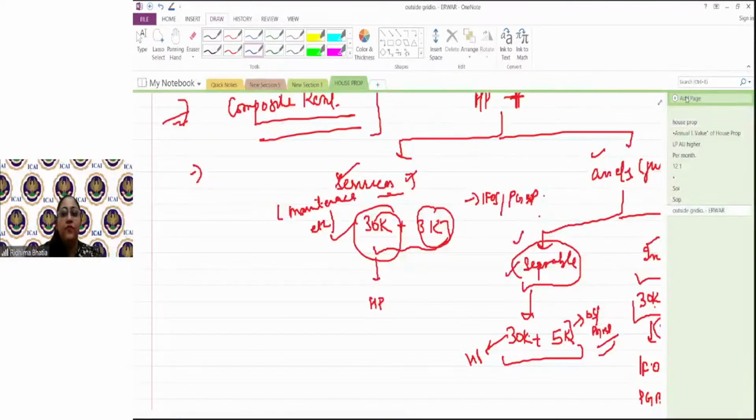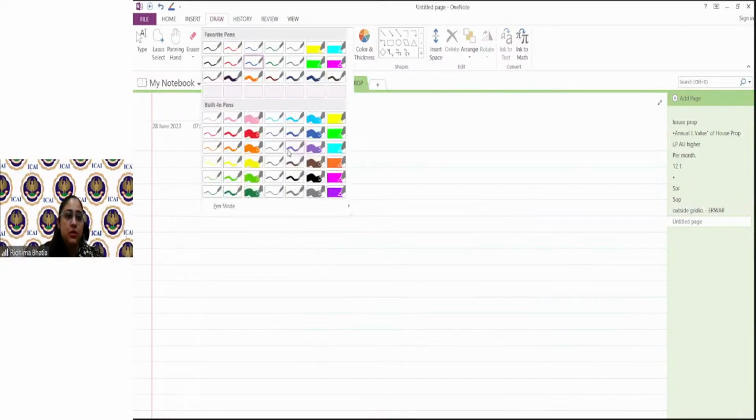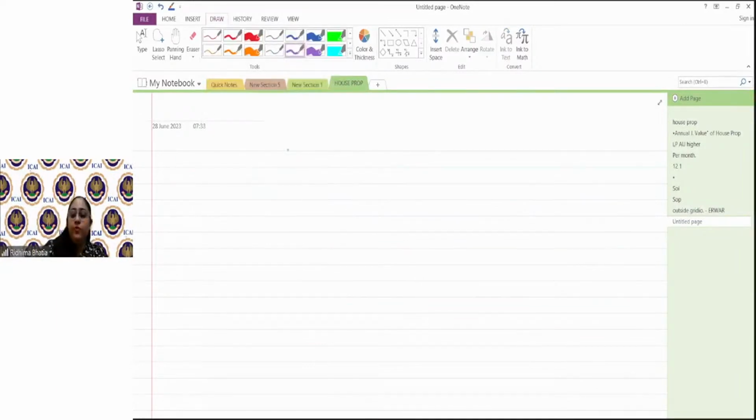Next scenario, my friend, where we'll be talking about is how to compute income from house property. अभी तक हमने क्या 3 scenarios करे? If the property is let out during the year, if property is self-occupied during the year, and if more than 2 properties are self-occupied during the year, then deemed let out provisions would apply.